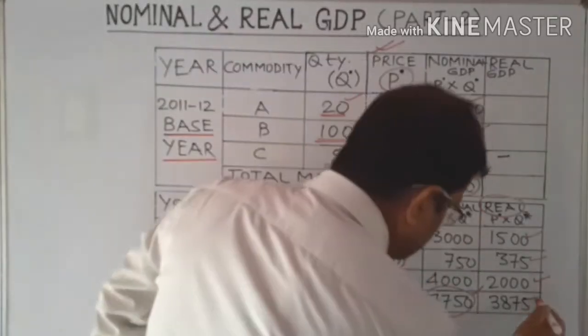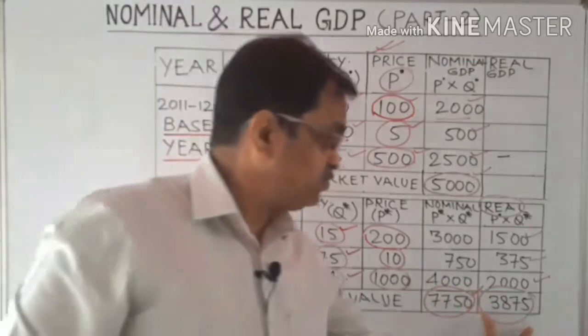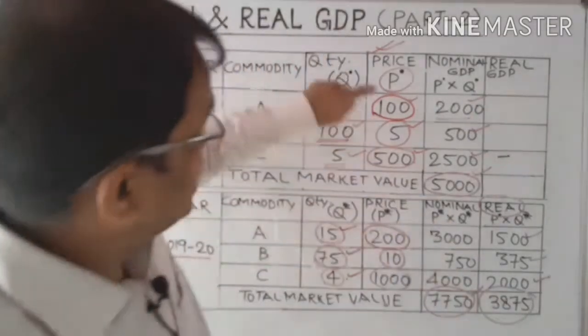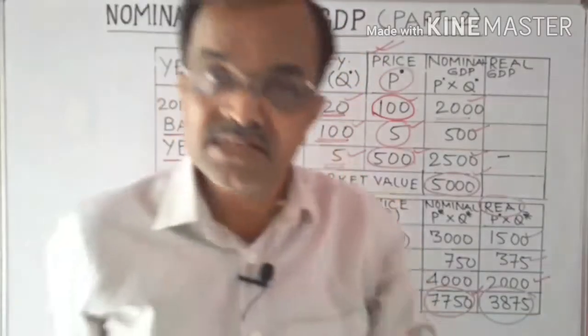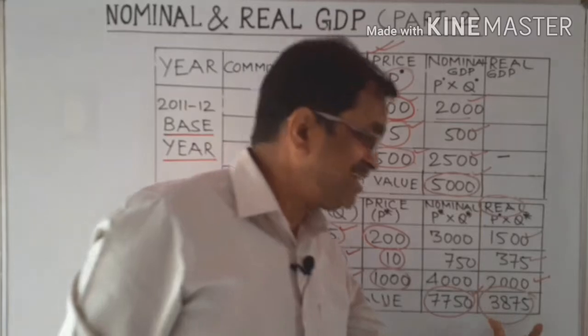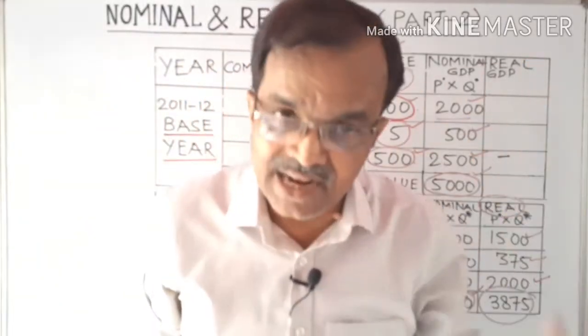Total figure is 3875. This value for 2019-20 is calculated at the base year's prices, and this figure shows a decrease when compared to the figure of 2011-12.